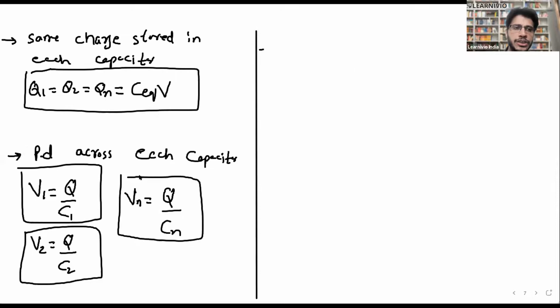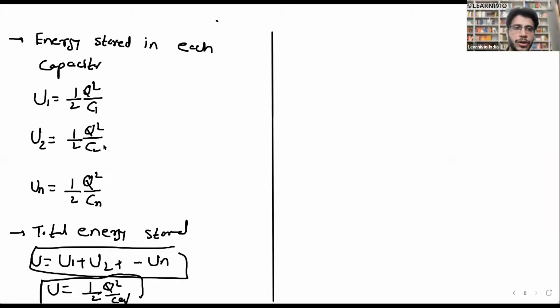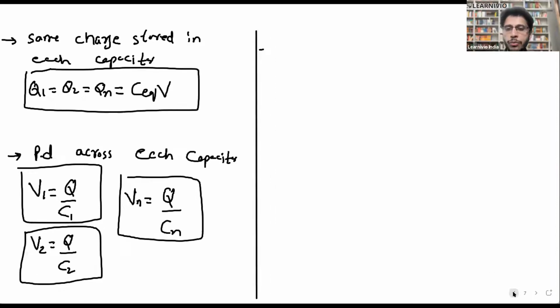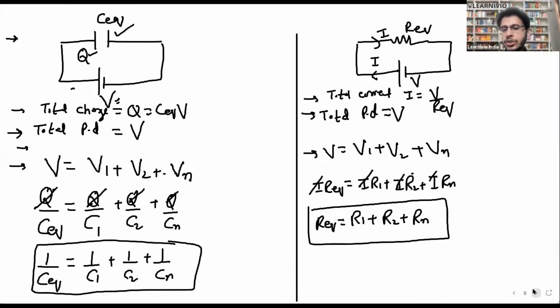Then you can calculate the charge stored in each capacitor. In series combination, the charge stored in each capacitor is the same, that you can write as Q1, Q2, Qn, which is C equivalent into V. Then you can calculate the potential difference across each capacitor, which is different. V1 is Q by C1, Vn is Q by Cn. Then you can calculate the energy stored in each capacitor and the total energy. These are the parts of the numericals. In a numerical, you may be asked about equivalent capacitance, charge, voltage, and energy stored.